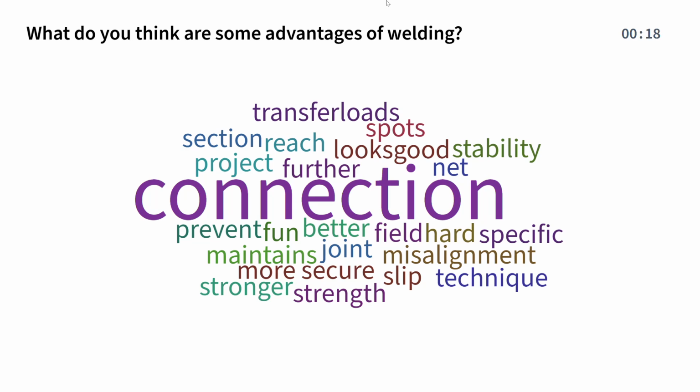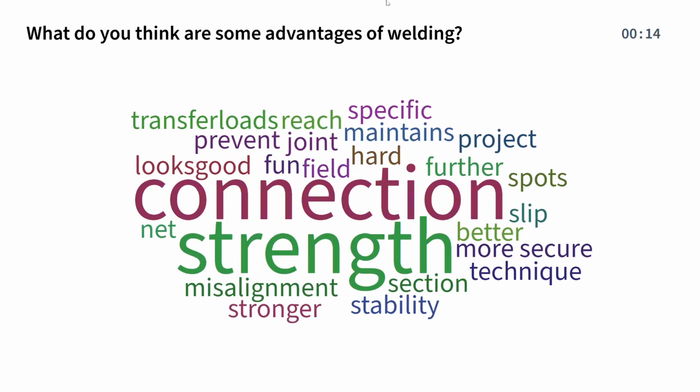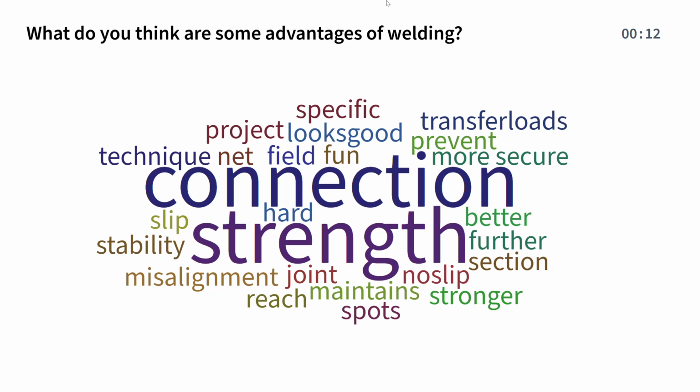One of the nice things is that you don't get the slip, right? We talked a little bit about it towards the end of our discussion on bolted tension members, and so no slip is kind of nice. We don't have to worry about that serviceability limit state to potentially get slip in the connection of the tension member to the structure. It's hard, maybe some stability. We're going to see welds are actually really good at accommodating misalignment.